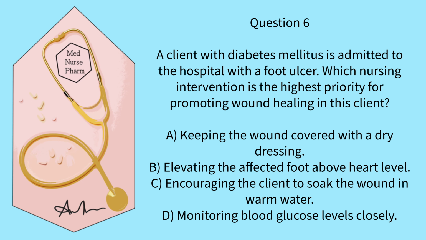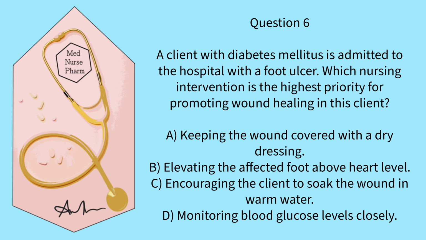Question 6. A client with diabetes mellitus is admitted to the hospital with a foot ulcer. Which nursing intervention is the highest priority for promoting wound healing in this client? Keeping the wound covered with a dry dressing, elevating the affected foot above heart level, encouraging the client to soak the wound in warm water, monitoring blood glucose levels closely.